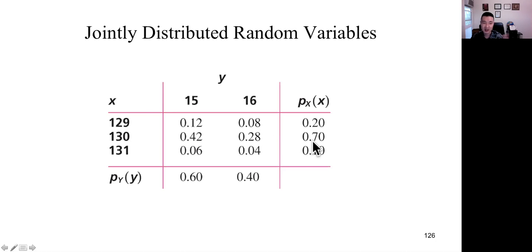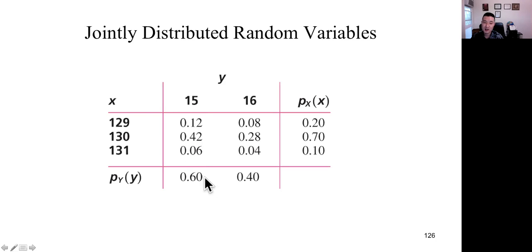Right. Another example here. Let's look at here. Pyy equal to 0.6. Did you see that? For this one, it means when y is fixed at 15, and then we add all the possible x together. For example, y equal to 15, x equal to 129, this is 0.12, plus when x equal to 130 and y again equal to 15, plus x equal to 131 and y again equal to 15, this is 0.06.